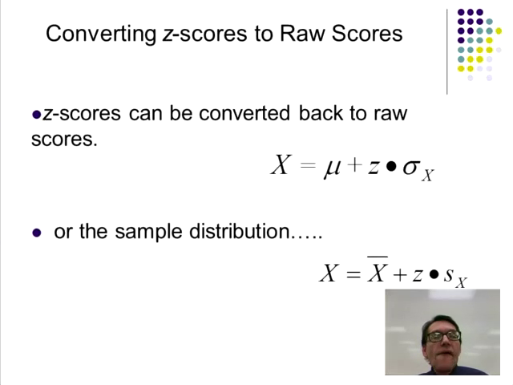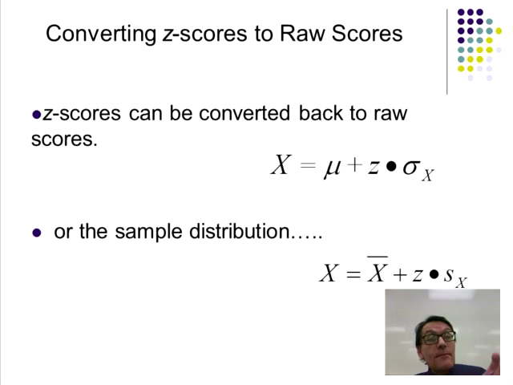Now if you have your z-score and you would like to go backwards, look, there's two equations here, but notice they're the same equation. One has just got population parameters in it, one has got sample statistics in it.